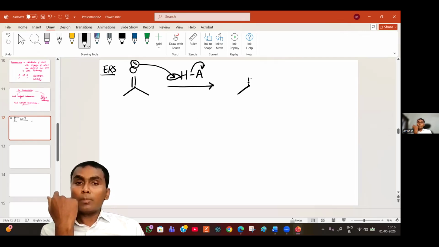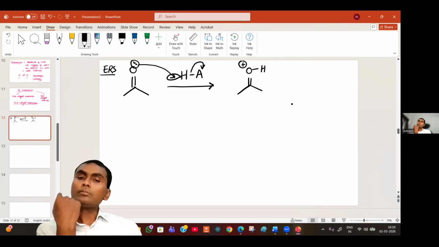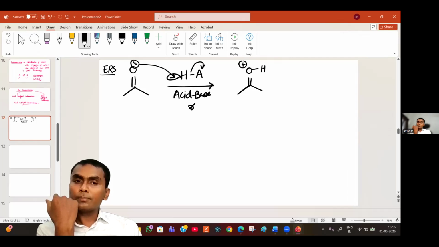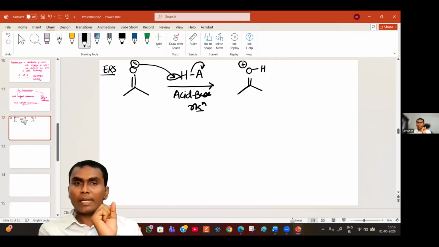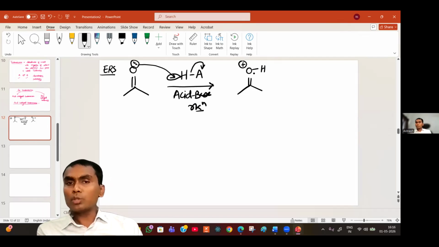So this double bond, O, H plus. This is called an acid-base reaction, because this electron-rich species traps the H plus ion. This one is called base, and this one is called acid. But remember, HA is a catalyst.